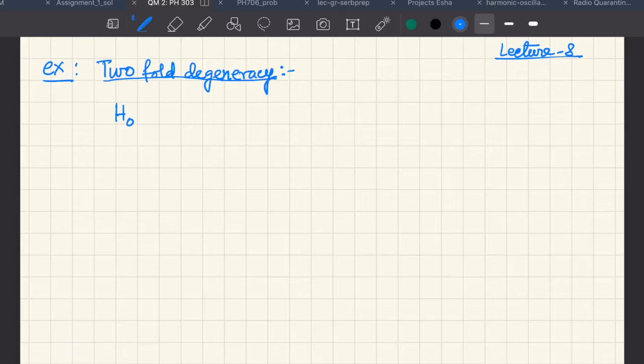We have the unperturbed Hamiltonian, which acts on |m0⟩, and this gives you the value E0 |m0⟩. That's one state.